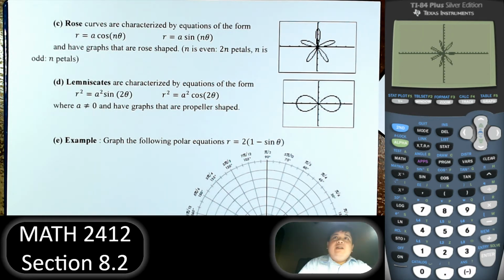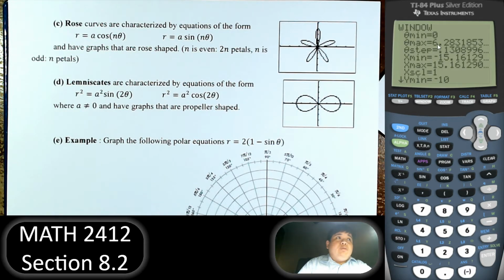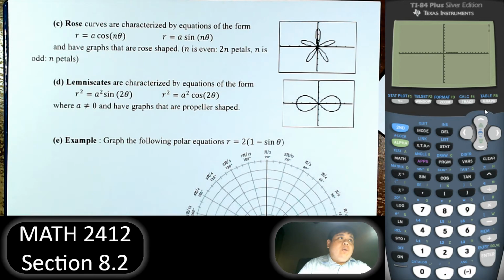So that's 7 petals. And we say it does not look really like a rose petal, right? So that's because of the points here. We hit Window, we go from 0 to 2 pi, which is good. But the step, if we make it very small, it will graph very slowly, but it will be very smooth on the curve.